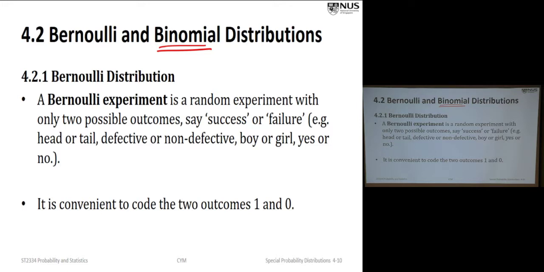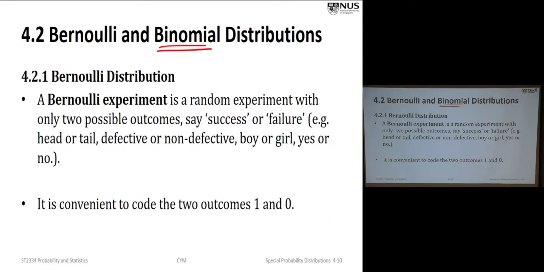Of course, your definition of success may be different from the common sense of success. Success just means that the event you are interested in occurs. Suppose I consider success as getting a mark less than 20. It's not that easy to get a mark less than 20, so a success is very hard to get.